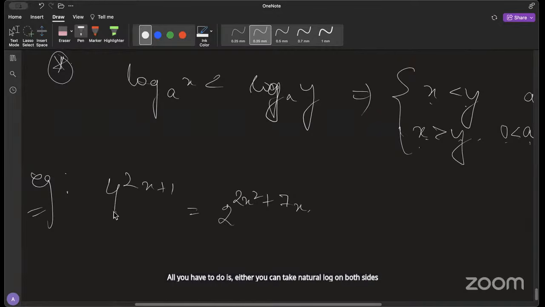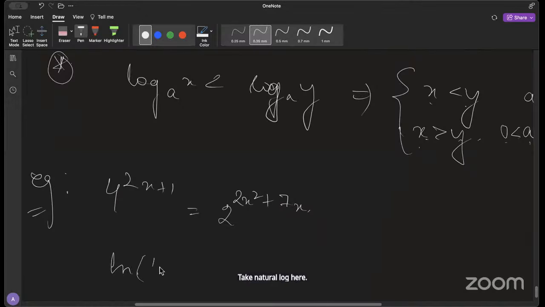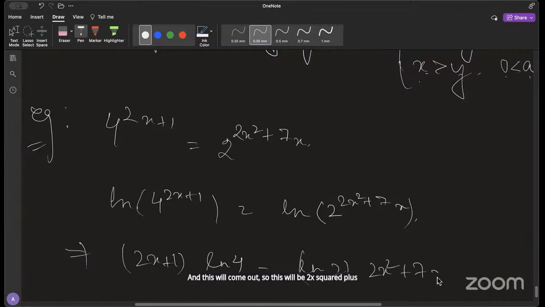So if you take natural log here, you will have natural log of 4 to the power 2x plus 1. And here you will have natural log of 2 to the power 2x square plus 7x. So this will give you 2x plus 1 times natural log of 4, and natural log of 2, and this will come out. So this will be 2x square plus 7x, right?